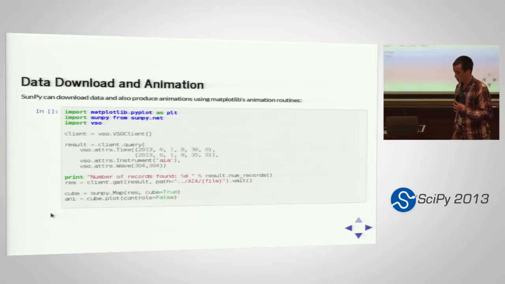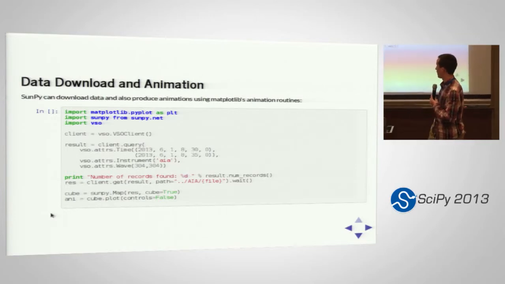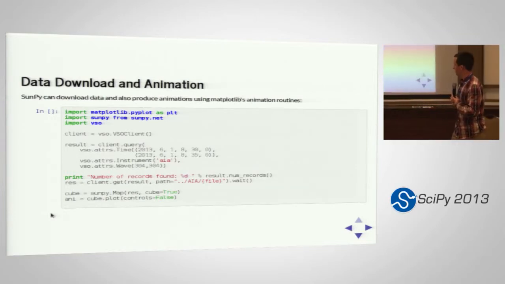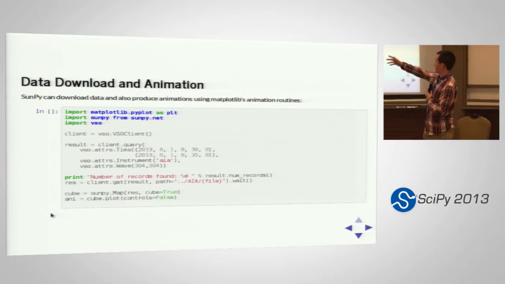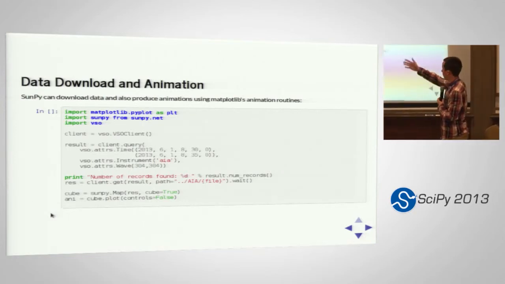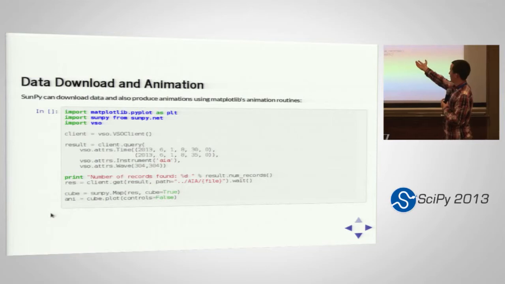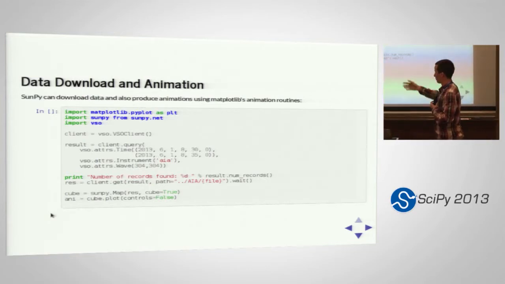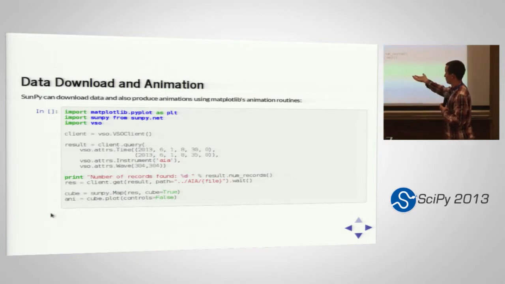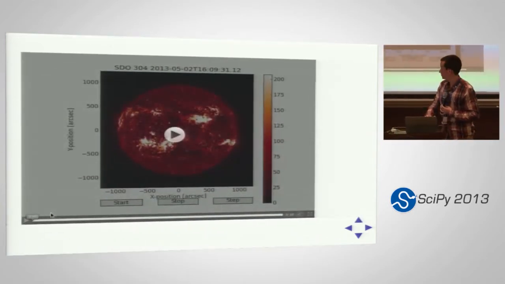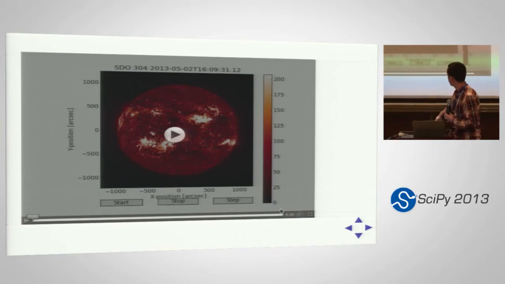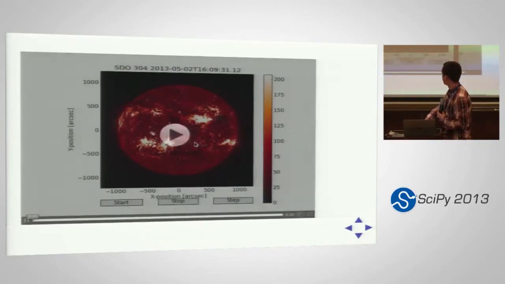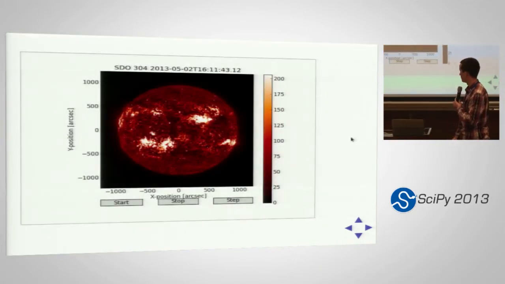Also, as I mentioned, there's a way you can download data. So this goes away and looks up 5 minutes' worth of AIA data for the AIA instrument at a certain wavelength, downloads it all to your hard drive, and then creates a map cube and animates it, which is the video that is the reason I moved my presentation out of LaTeX earlier.